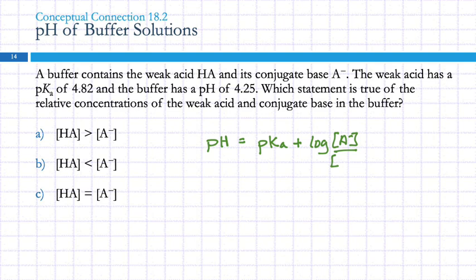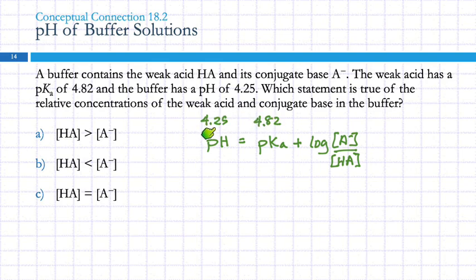So here's the Henderson-Hasselbalch equation. The pKa is 4.82, and the pH is 4.25. So I guess we can think about it without that as well, but this is what it would be as a pure acid, and this is what it is in the buffer.